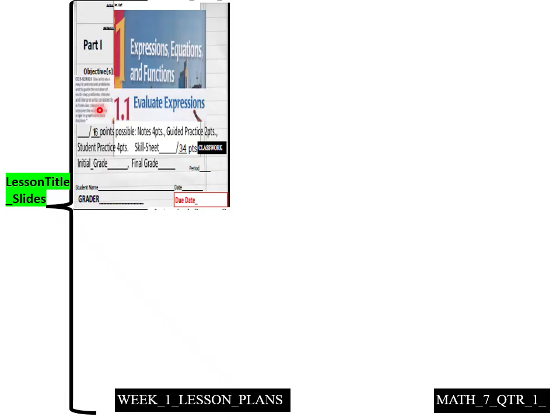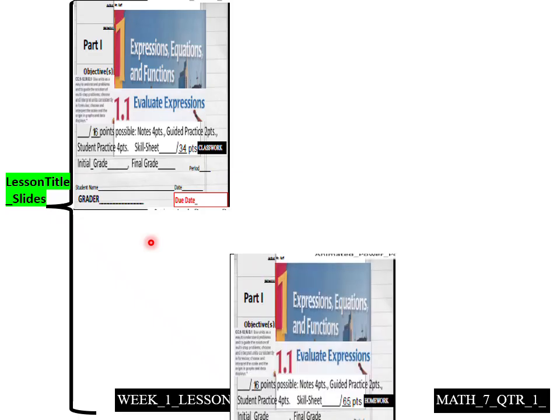Choose and interpret units consistently in formulas. Choose and interpret the scale and the origin in graphs and data displays. There's 34 points in this classwork, and you got 16 points of note-taking for 1.1, evaluate expressions.